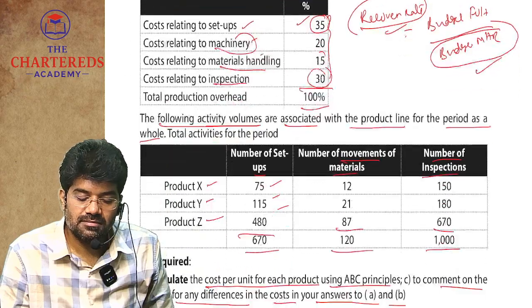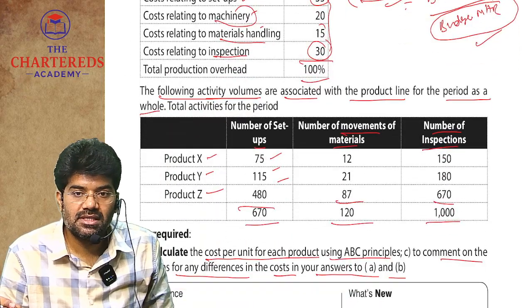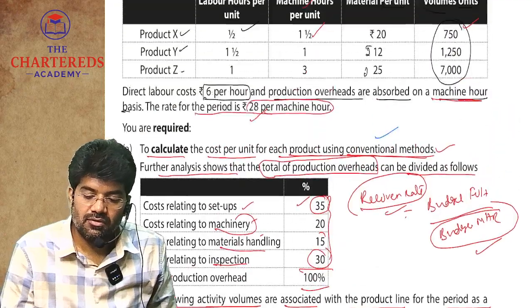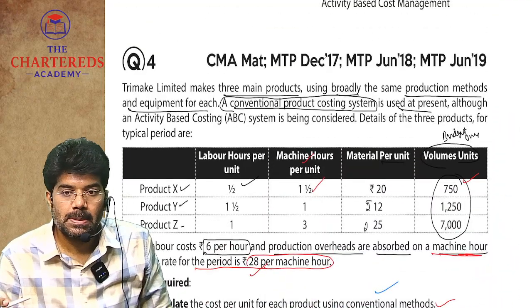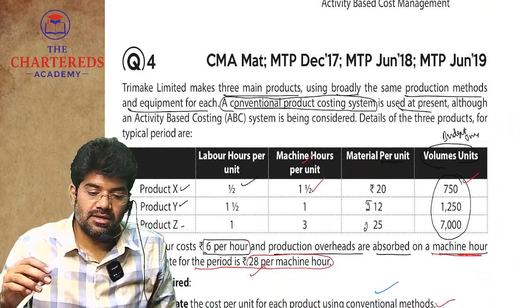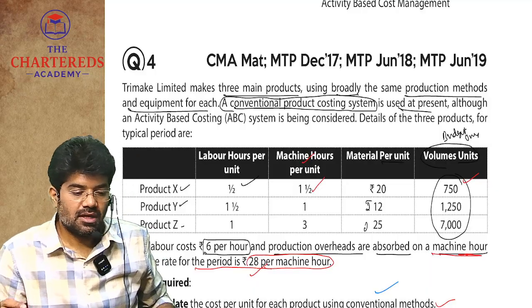Then using ABC, you can refer to the CMA material. You have plenty of it, right? We'll continue tomorrow.